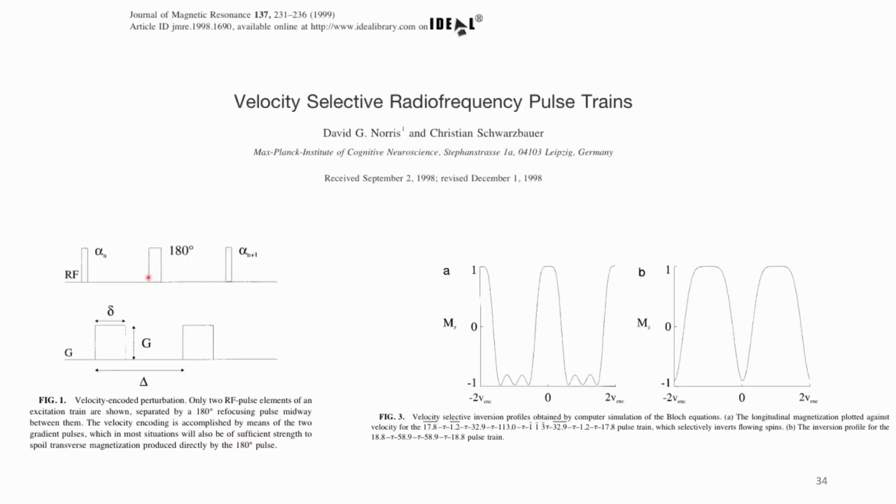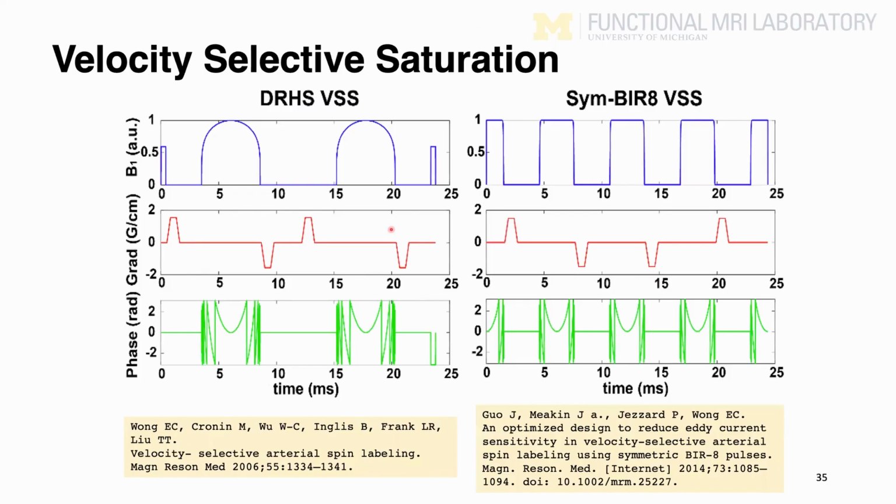So these velocity selective pulses were first introduced in '98 by Norris and Schwarzbauer, who started developing a little bit of the framework. Then they really got into the foreground when Eric Wong's group introduced them for ASL with a new design, dual refocus hyperbolic sequence velocity selective saturation.